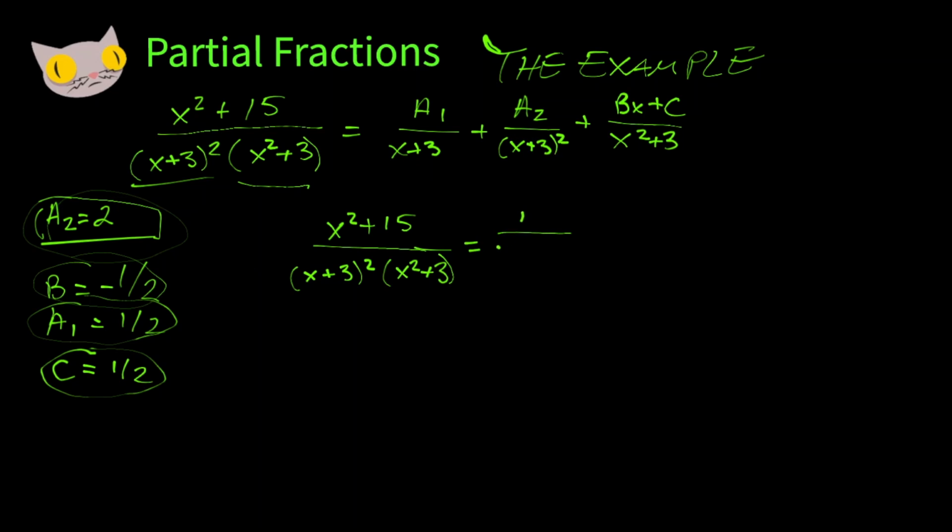We can write it like this: (1/2)(x plus 3) plus a2, which is 2, over (x plus 3) squared, plus bx, which is -1/2, x plus c, which is 1/2. The 1/2 is right there, over x squared plus 3. Okay, and there we have it.